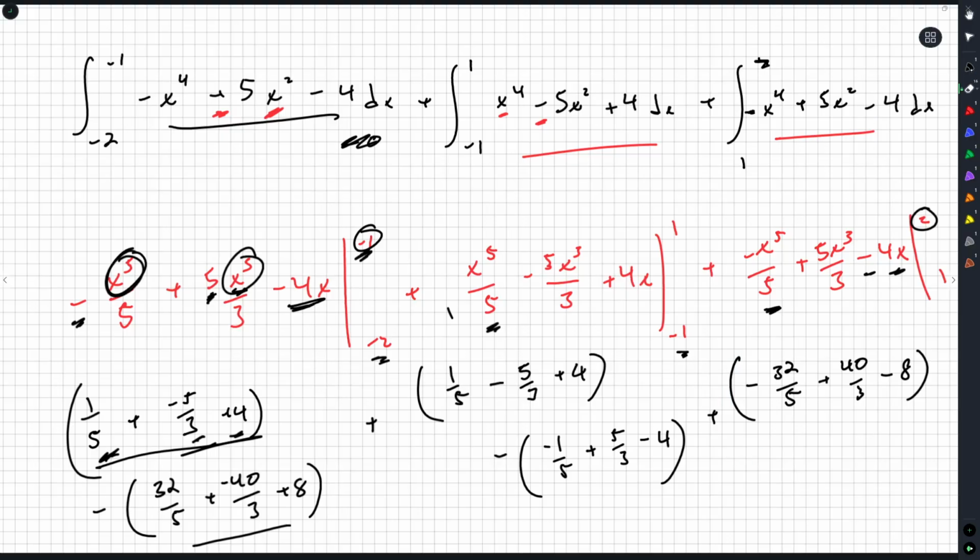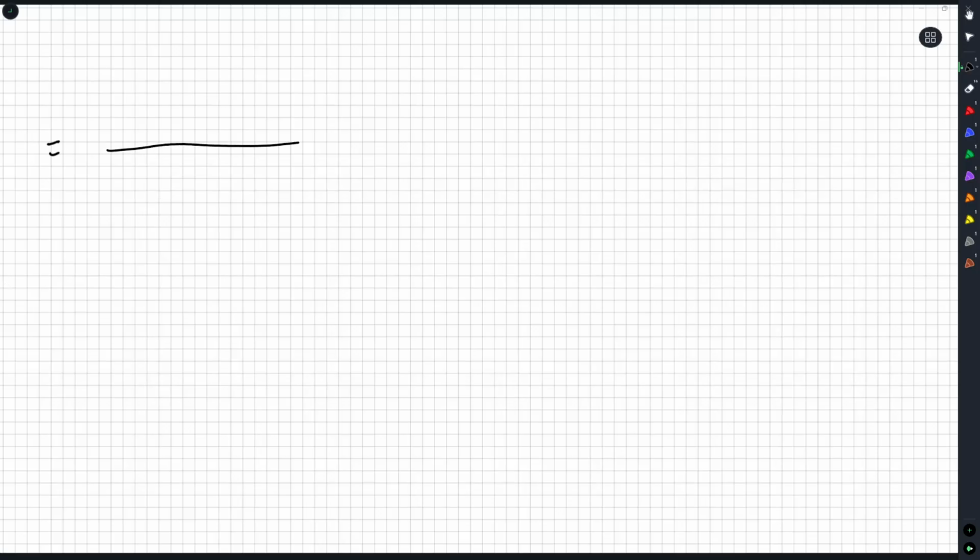So now we plug in 1 everywhere and subtract, so we'll get minus 1/5 plus 5/3, and then minus 4 times 1 is 4. Okay, great. So let's take a look carefully at each of these sort of little categories. As I say, we've got a lot of over 5s. So we have 1/5 minus 32/5. So on the next page, let's get all our over 5.